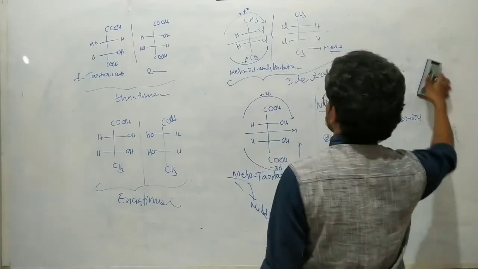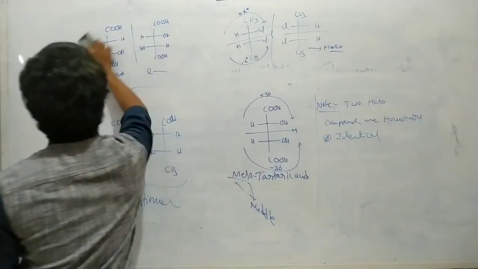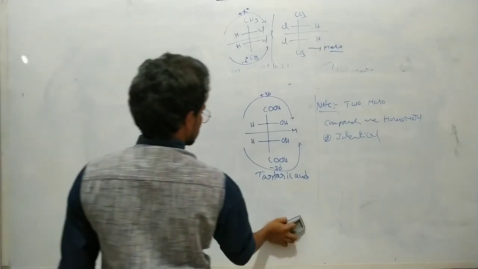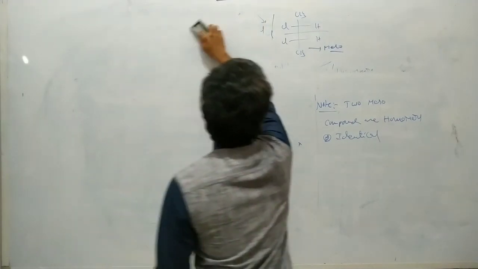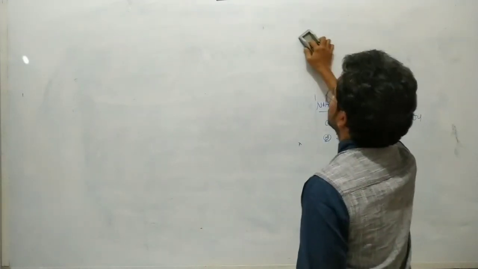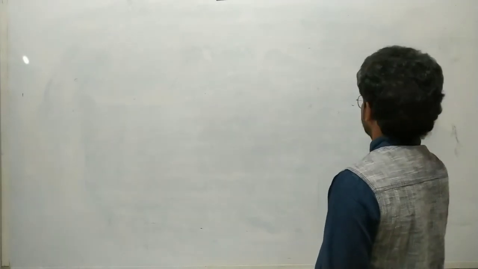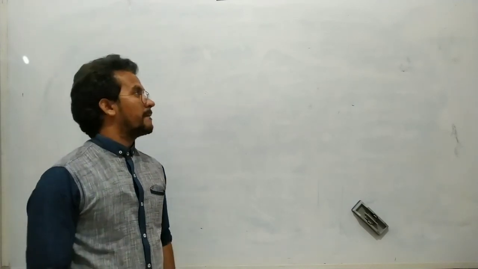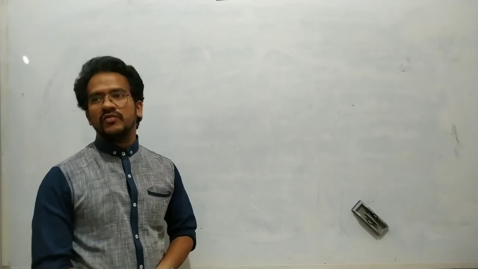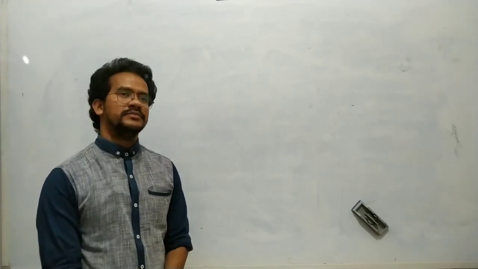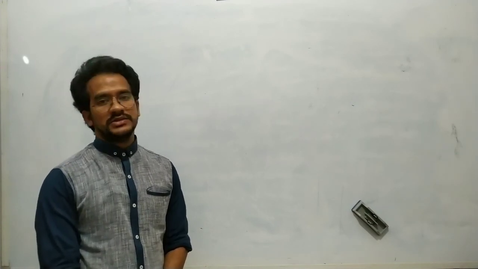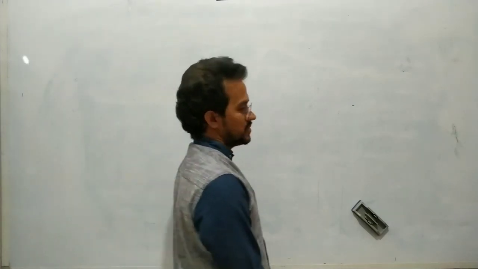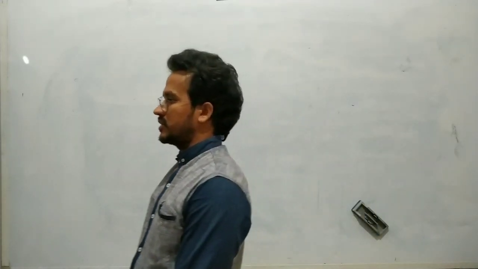Now, for compounds with two chiral carbons or more than one chiral carbon, the optical activity depends on symmetry, plane of symmetry, center of symmetry. If you want, you can write: with more than one chiral carbon, its optical activity depends on symmetry.